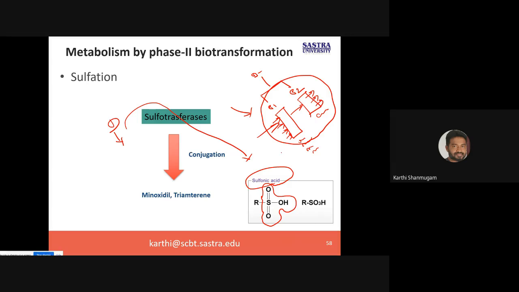There are certain drug molecules which can bypass the phase 1 reaction and directly enter into the phase 2 reaction, where the conversion will increase the water solubility. The drug molecule can then easily be eliminated.